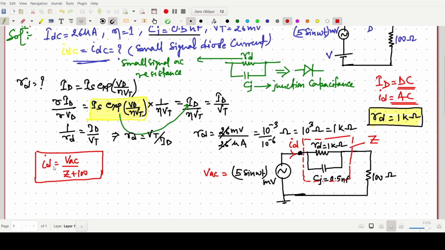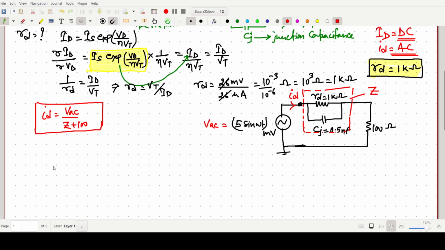Now I want to show how to solve this RD 1 kilo ohm and Cj. So I am taking this one as RD, say 1 kilo ohm, and this capacitor is in parallel.